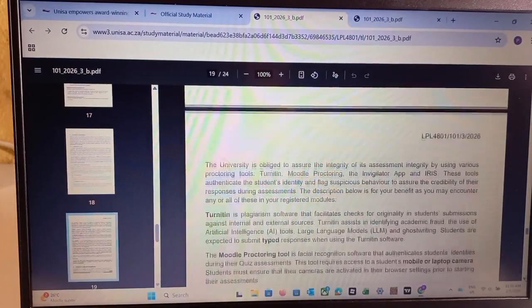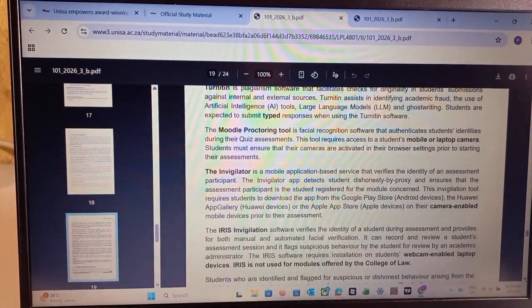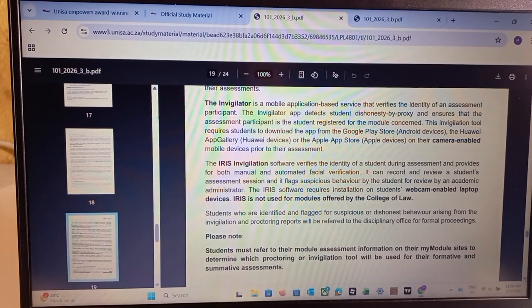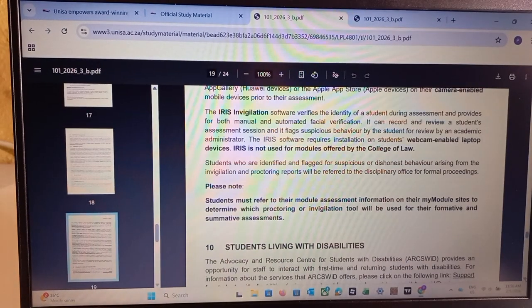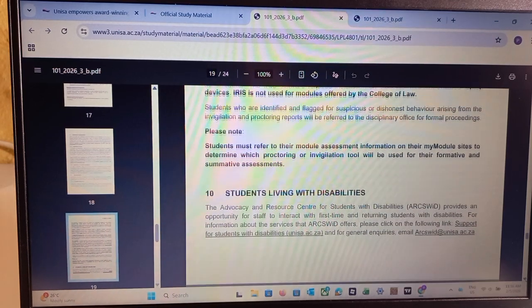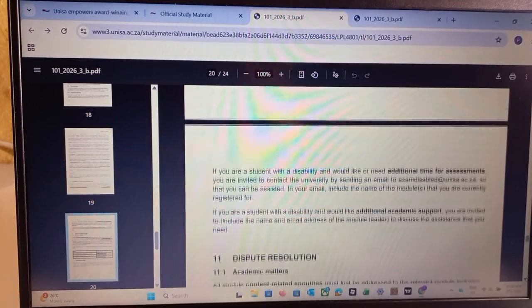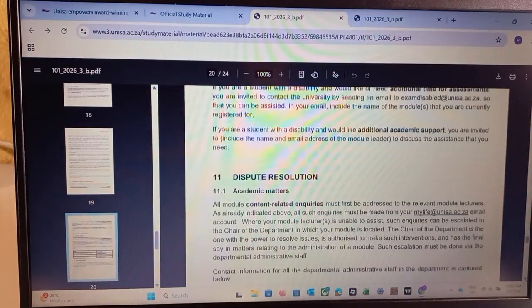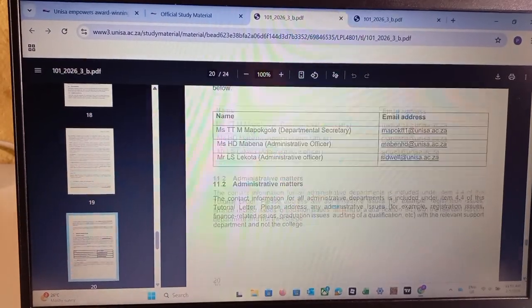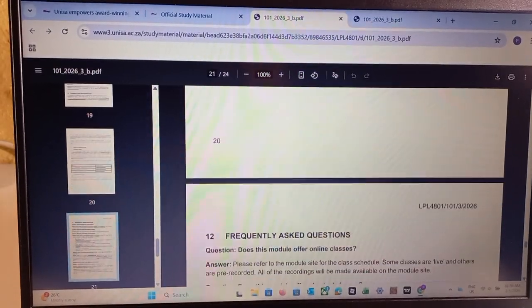Right, we do not have the exam format for this particular module here. It will be communicated to us in due course. Right, what else can we read from here?